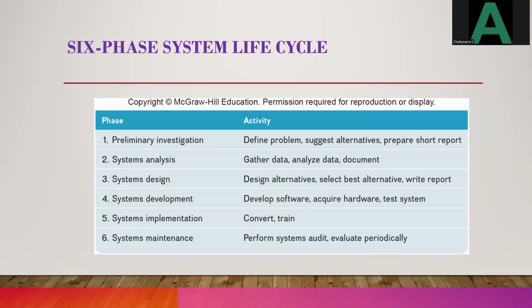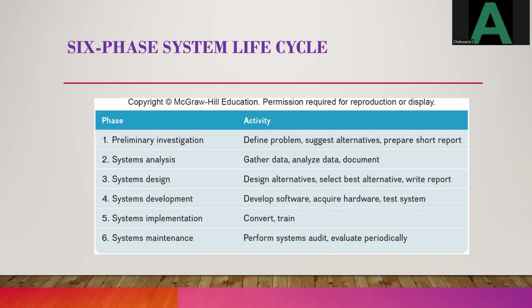This six-phase process involves preliminary investigation, which deals with the problem definition, suggesting alternatives and preparing a short report on the problem that this system is going to solve. Then the system analysis, which gathers the data, analyzes the data, and then documents the process.